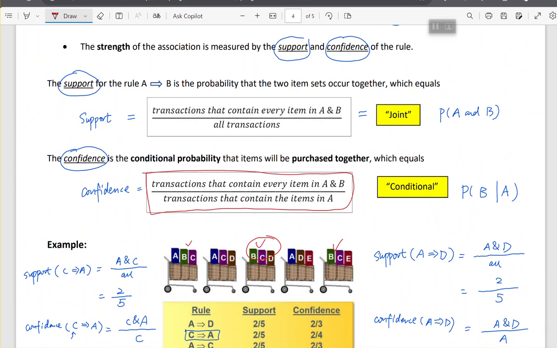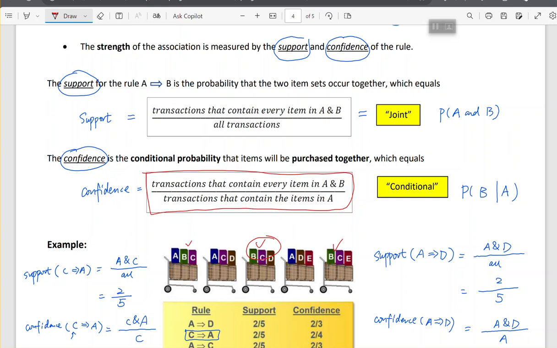If A doesn't affect B, what will this formula change to?